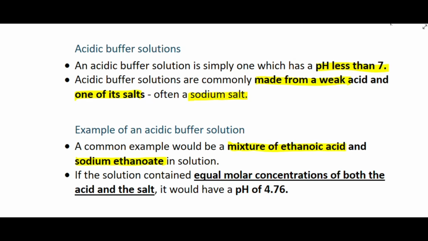So if the mixture of ethanoic acid and sodium ethanoate contained an equimolar concentration of both acid and the salt, for example, if you have 2 mol per dm³ of ethanoic acid and 2 mol per dm³ of sodium ethanoate, and we mix them together, we are going to have a pH of 4.76, which is going to be the pH of our buffer solution.